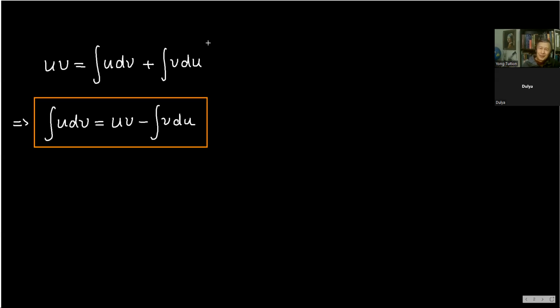So I take one example we can discuss. For example, if you're asked to do the integration of x e^x dx, do you want to try to solve this problem?